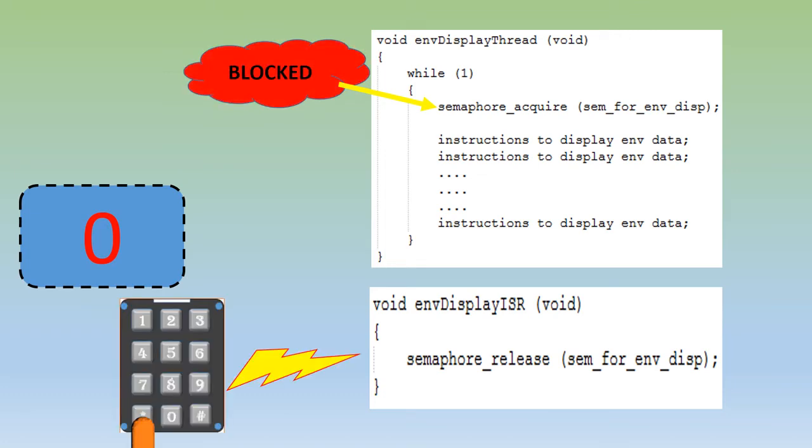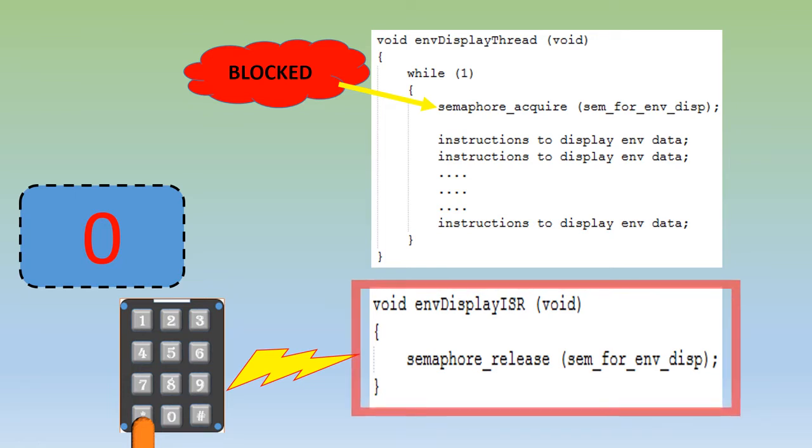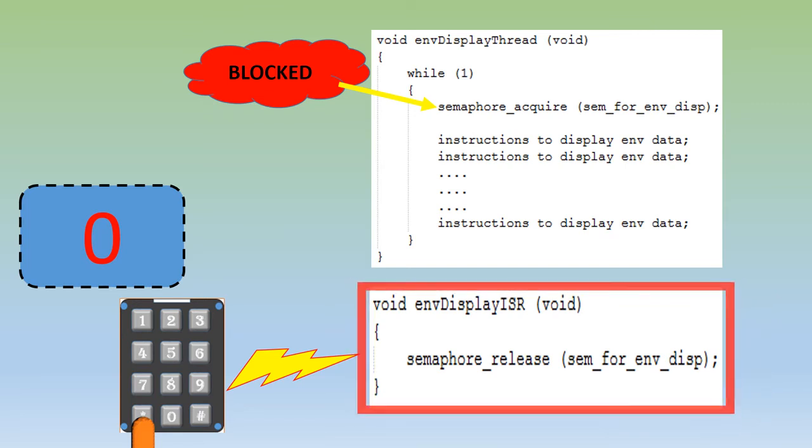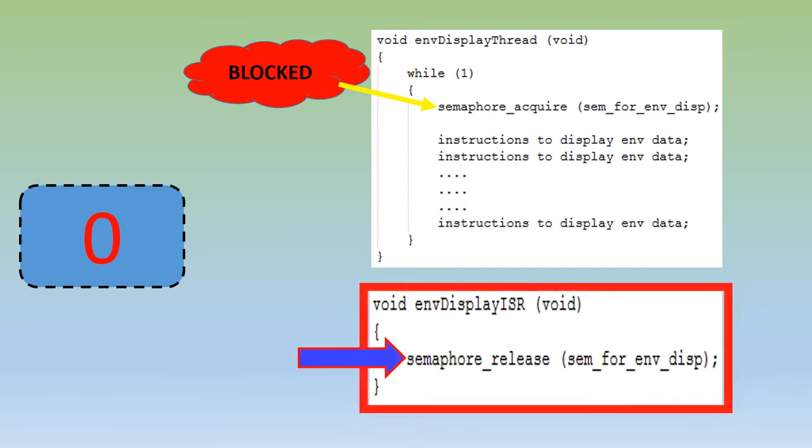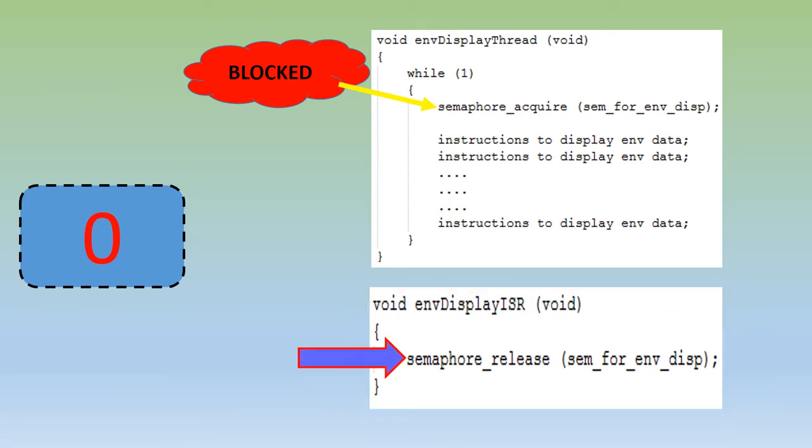Now let's say the star button is pressed on the keypad. When a button is pressed, an interrupt is triggered, and as soon as it is triggered, the ISR gets called, which releases the semaphore. The ISR releases the binary semaphore by calling an RTOS API, semaphore release.